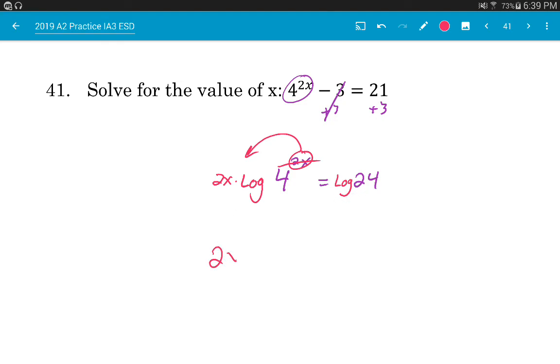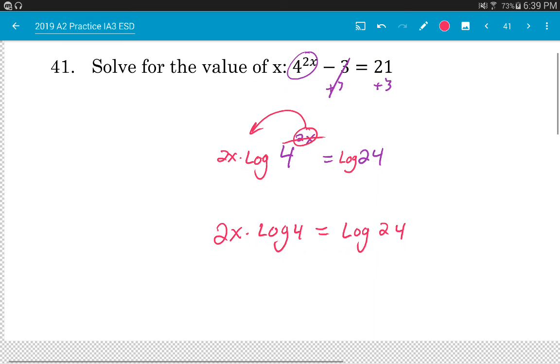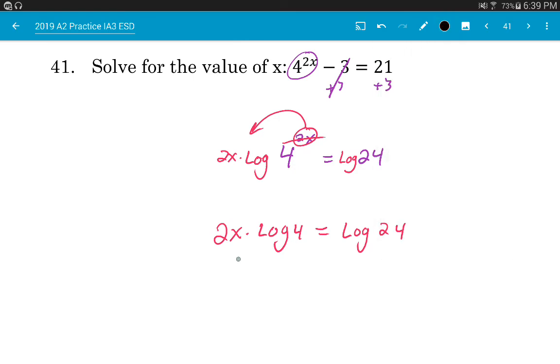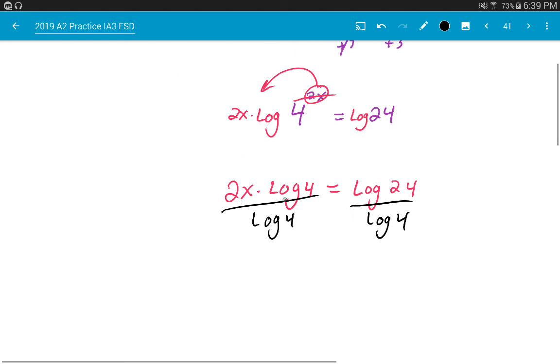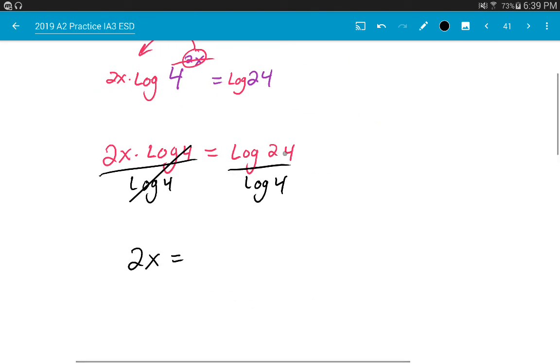Now I've got 2x times log of 4 is equal to log of 24. I want to get the x by itself, so I'm going to divide off the log of 4. So I get 2x is equal to, this is a calculator question, so let's see.